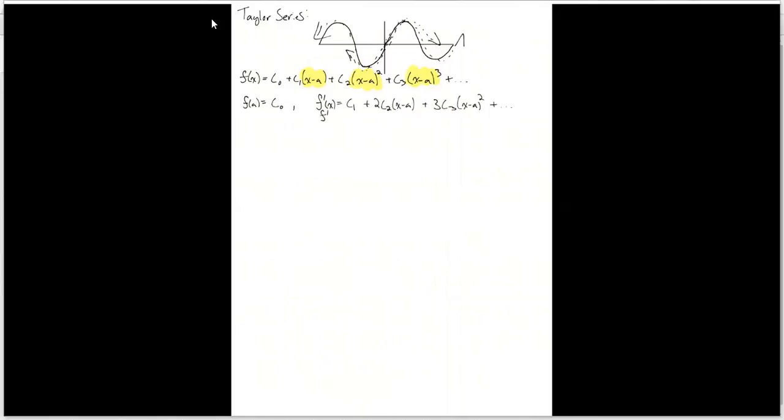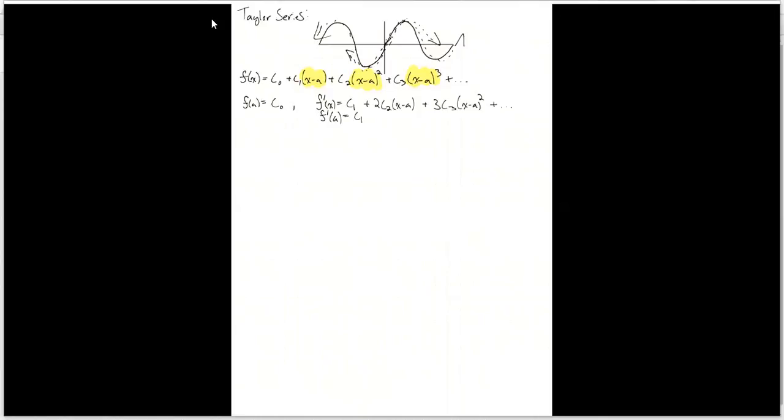Well, if I plugged a into this derivative, again, all those terms will be gone, and I'll be left with c1. So now I've got the term for what c1 should be to fit this polynomial onto some kind of function.